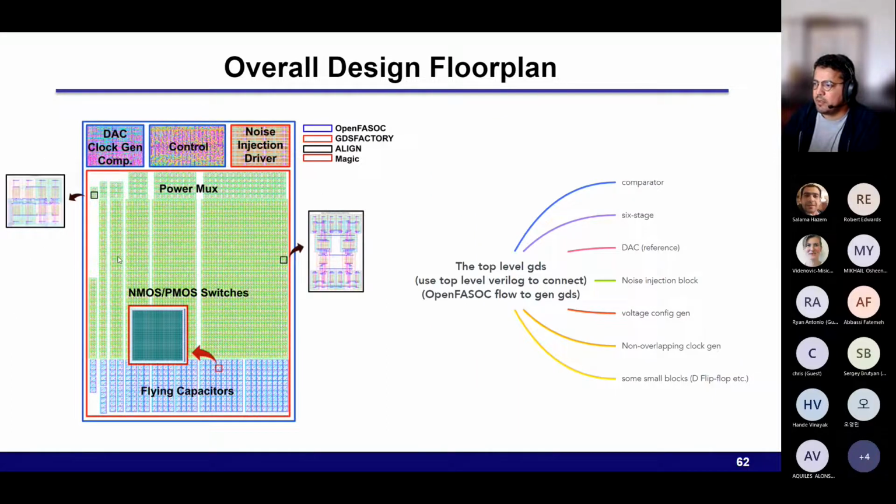I'm excited about that. This is a summary of the tools we've been using: OpenFASoC on top of OpenROAD, GDSFactory in the red here, ALIGN for the auxiliary cells, Magic for some of the PCells, and KLayout, which is called by GDSFactory.